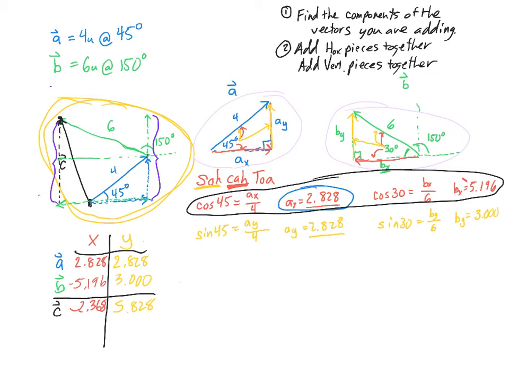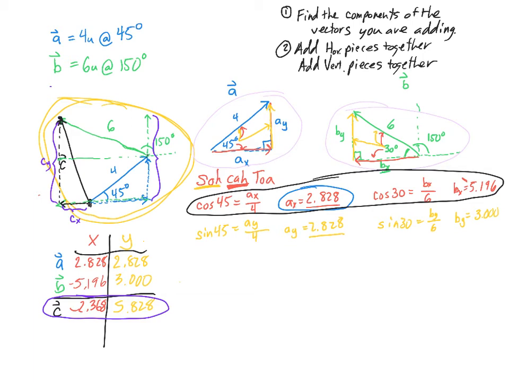Yeah, that's okay, it overlaps. And that should give you the same thing as this horizontal piece for C. All right, that's the whole point to what we're doing here. We're trying to get the horizontal piece and the vertical piece component of that final C resultant vector. And that's exactly what we've done here, is we found the x and the y.